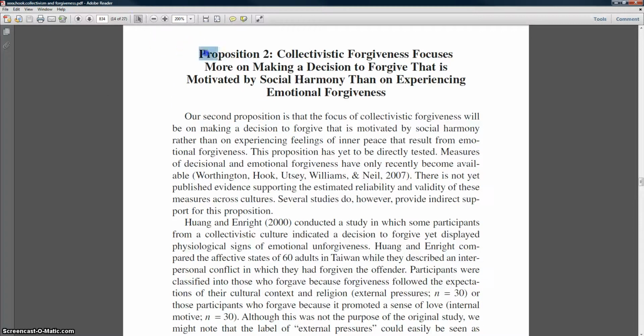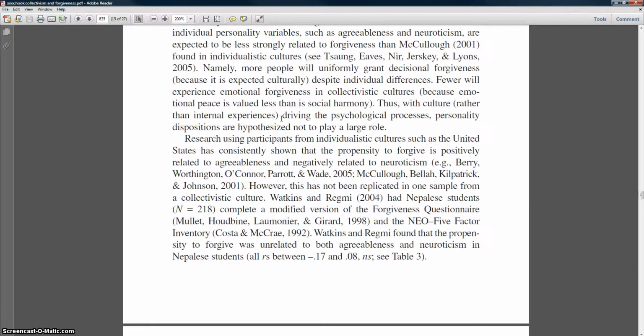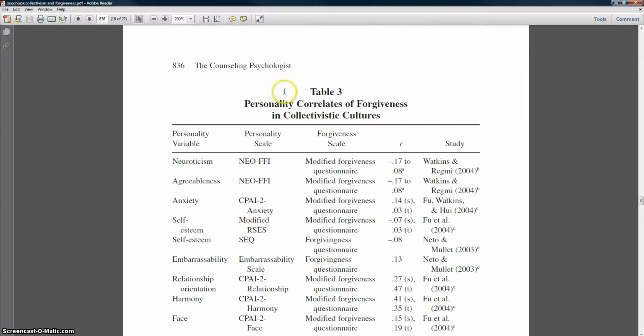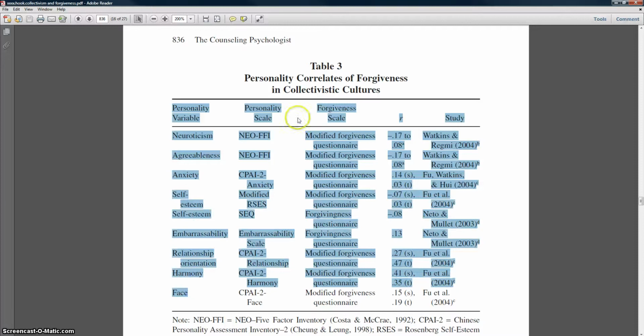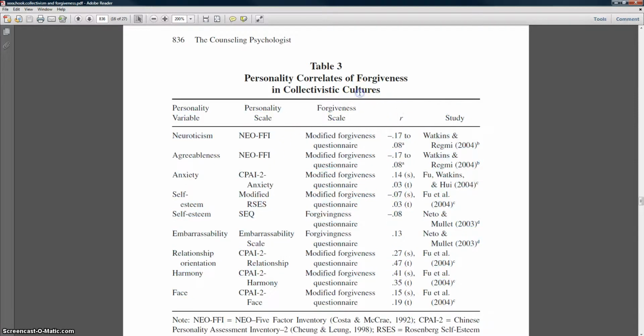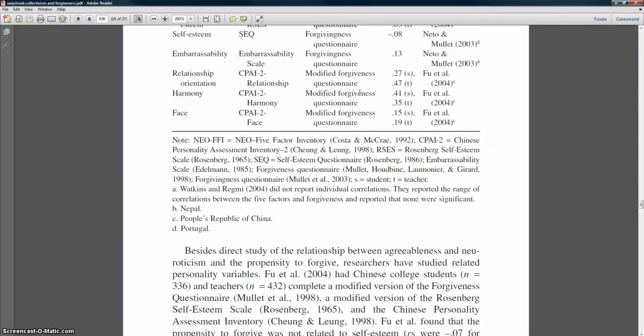And then we come to Proposition 2. This is his second major point, and he's going to review evidence that relates to this proposition. As you can see, once again, he uses a table to summarize most of the major results. This time it's organized a little bit differently, so he's got the personality construct here on the left, effect size information over here. A lot of times you want to just use convention.